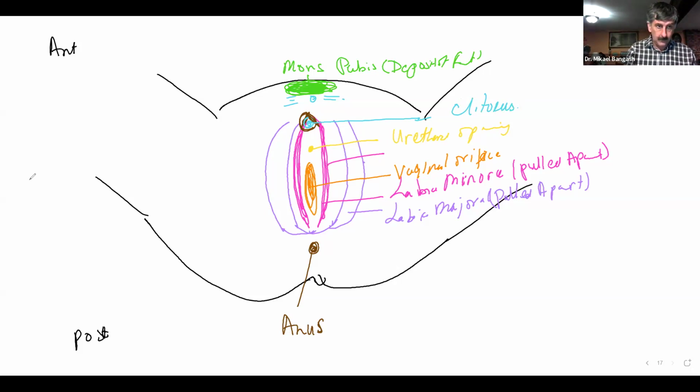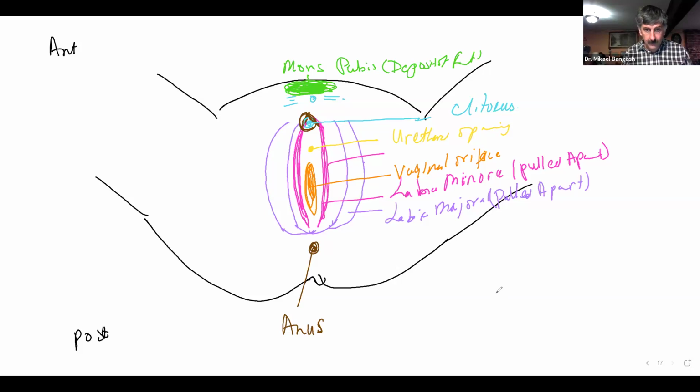So, if you put it this way, as if your labia minora, let's do it this way. But normally they are not going to be pulled apart, but mainly are going to be covering.